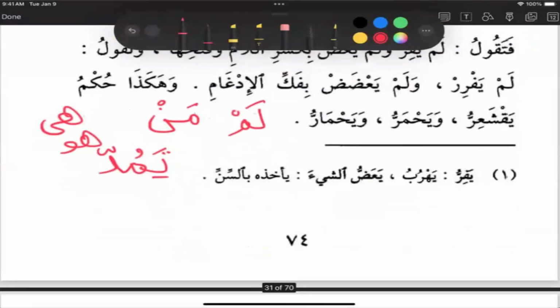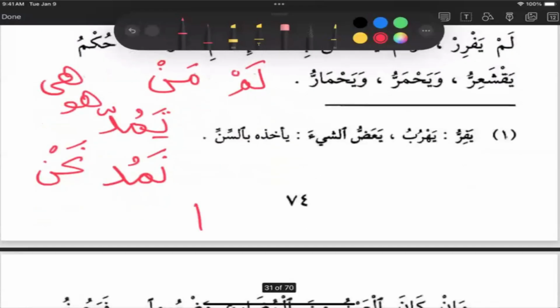And also some other cases too, not only one, like we, namud, that's included too, though that's not one, and also I, amud. So if the jazm comes in any of these cases, you can say huwa lam yamdud, lam tamdud, ana lam amdud. Let's split the dals apart.